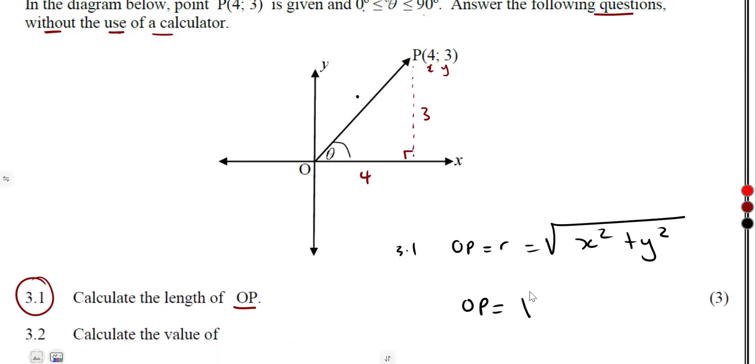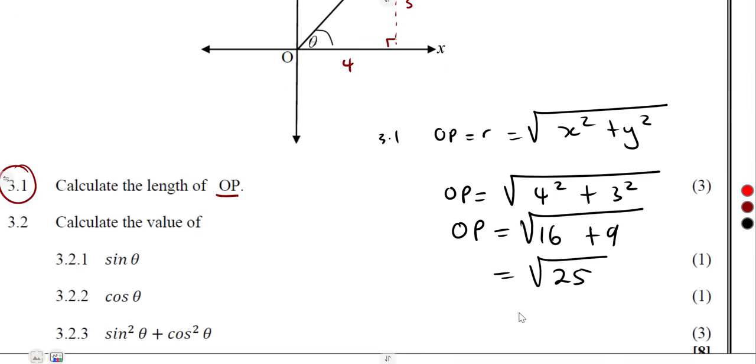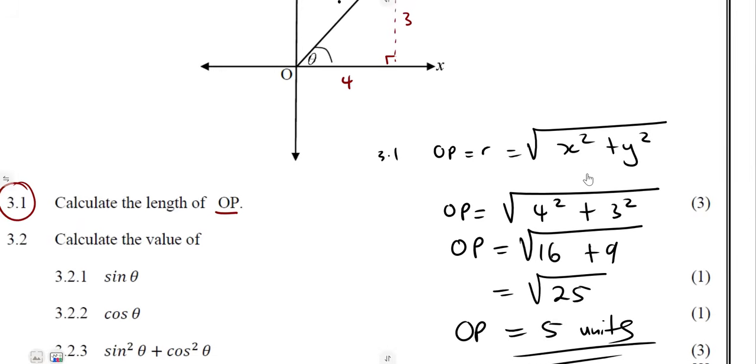So OP is the square root of the x value, 4 squared, plus the y, 3 squared. That gives us the length of OP, the square root of 16 plus 9. 4 squared is 16, 3 squared is 9, and if we add, we get 25. And the square root of 25 is 5. So that's the length of OP, 5 units.